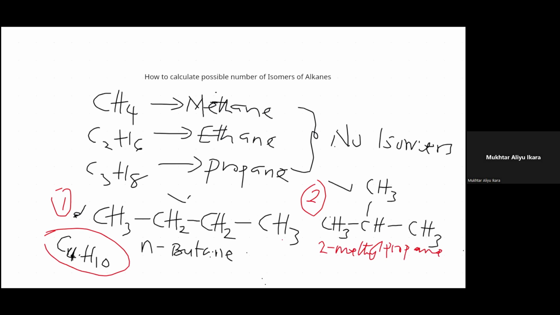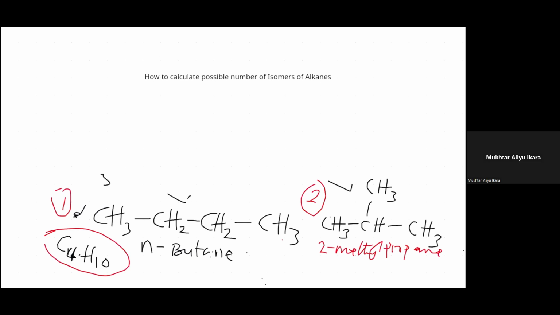The formula generally used in calculating the number of isomers of alkane is 2 raised to the power of n minus 4, plus 1.